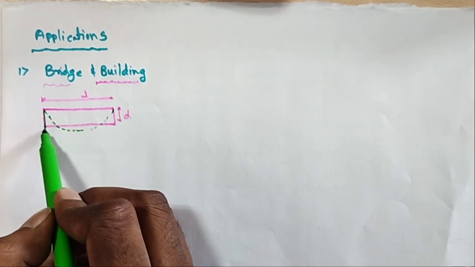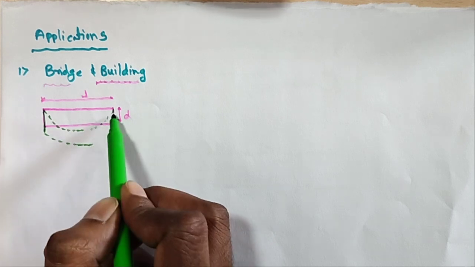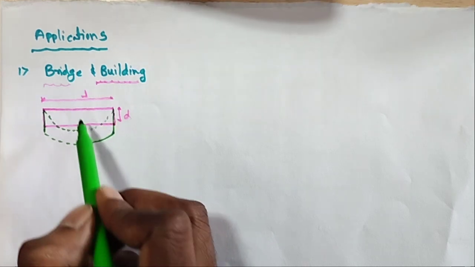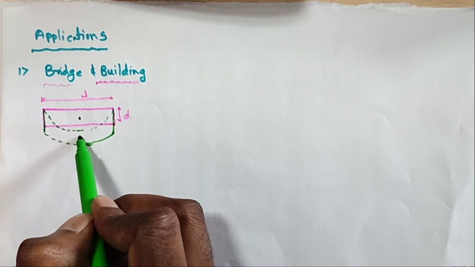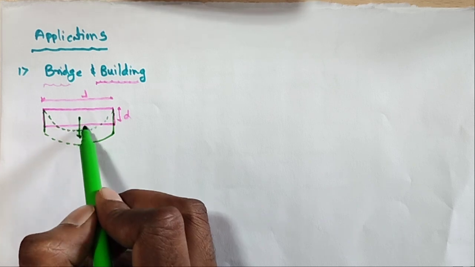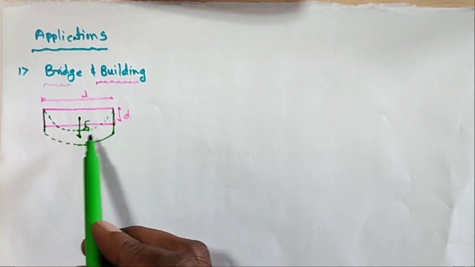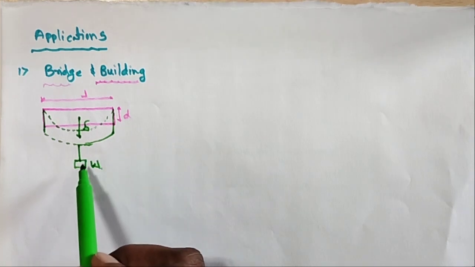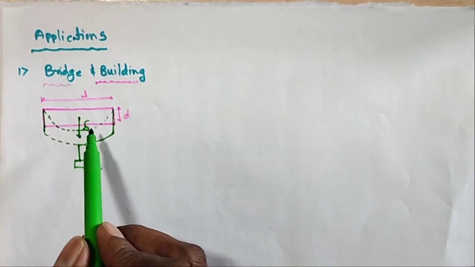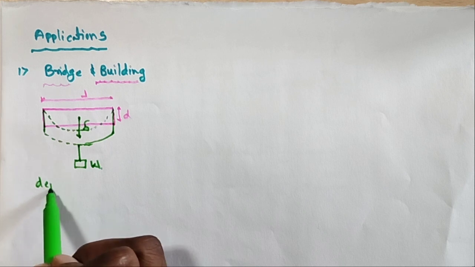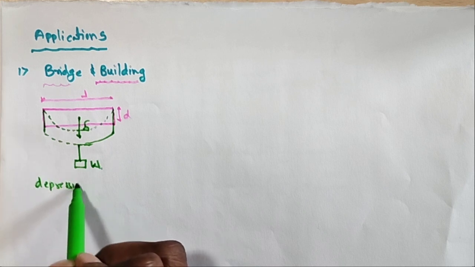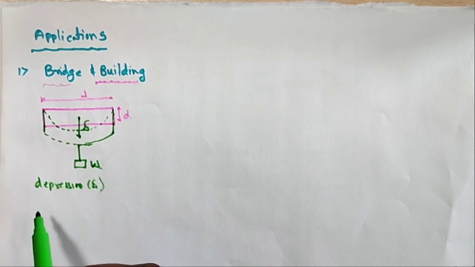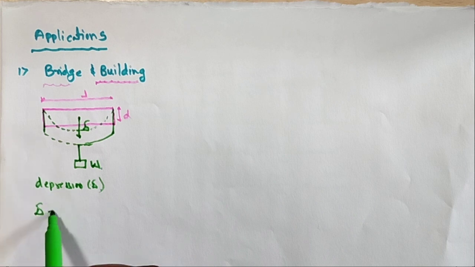Due to the weight, the bridge will be bending like this. How much bending? The depression, delta, is the depression due to the weight.